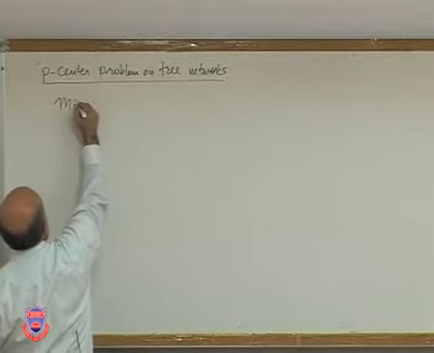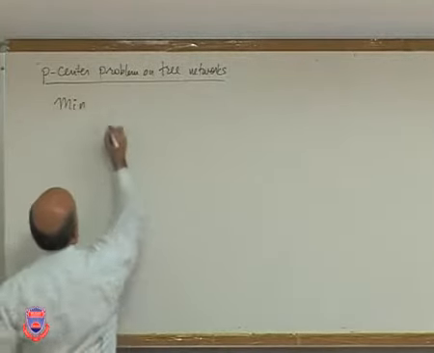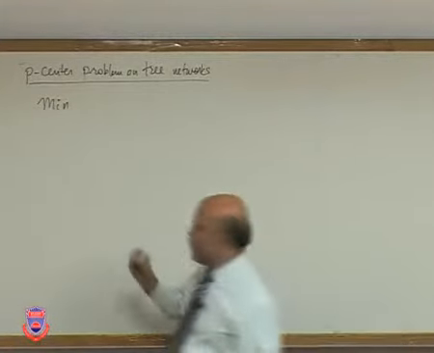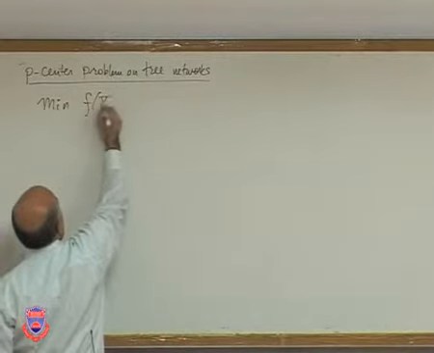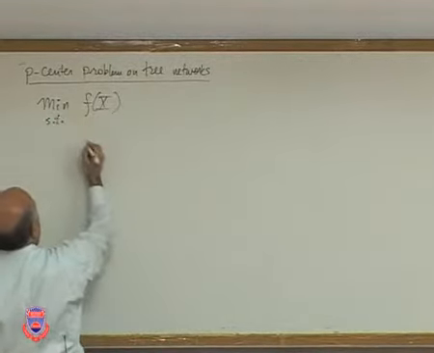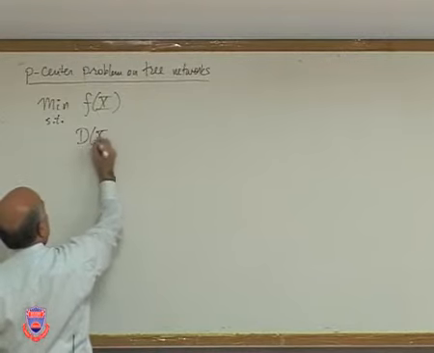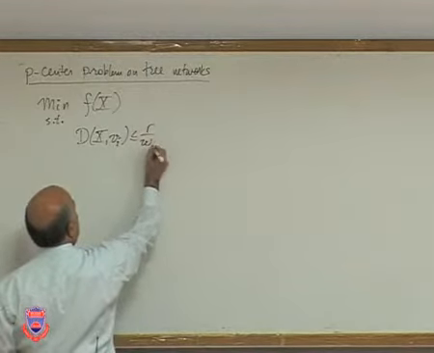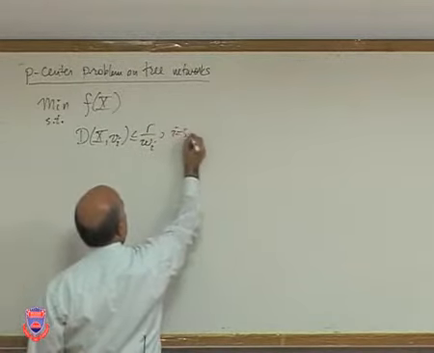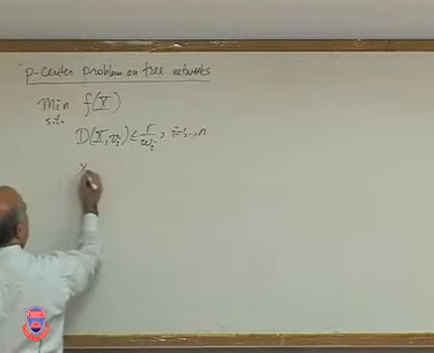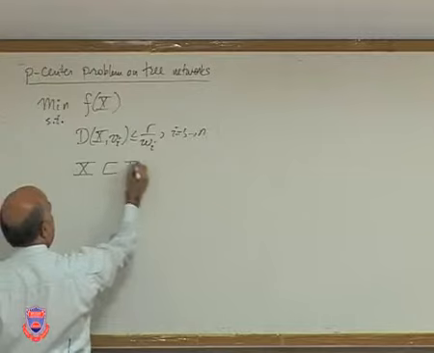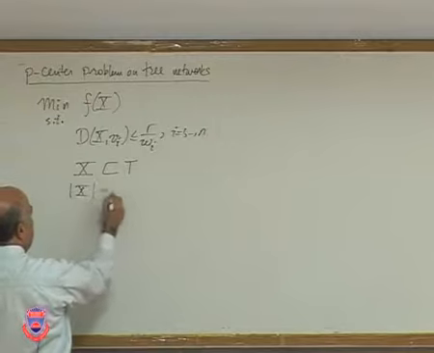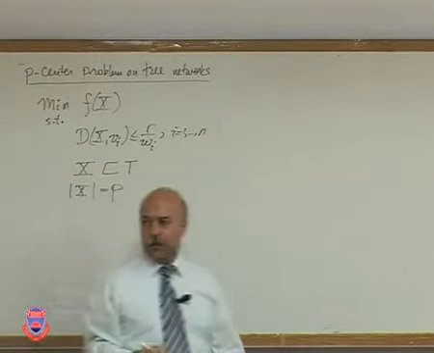So we're talking about minimizing, again, the f function, subject to d(x, vi) being less than or equal to r over wi, with x being a subset of some tree network T, and x will have p points in it.